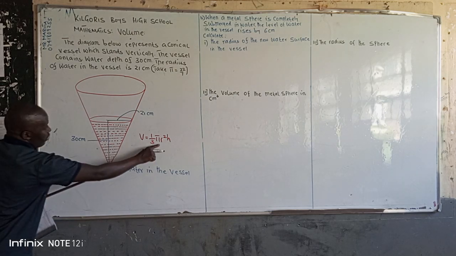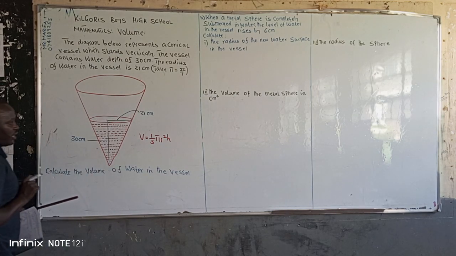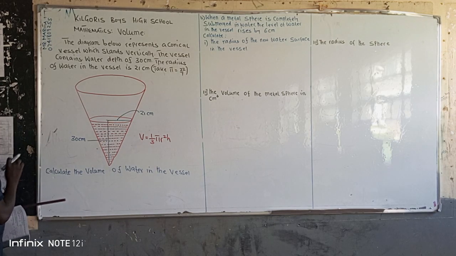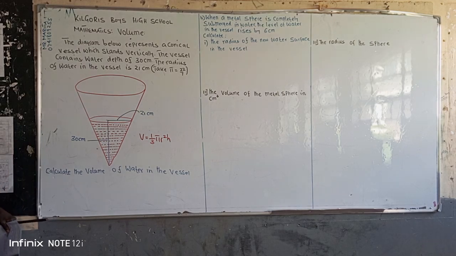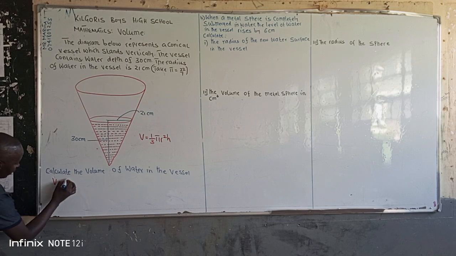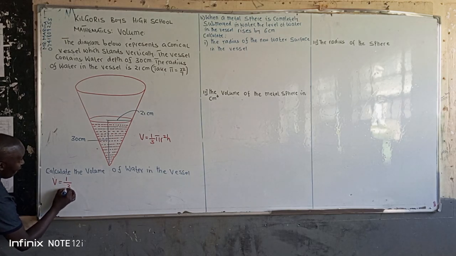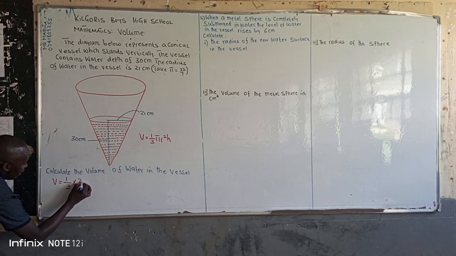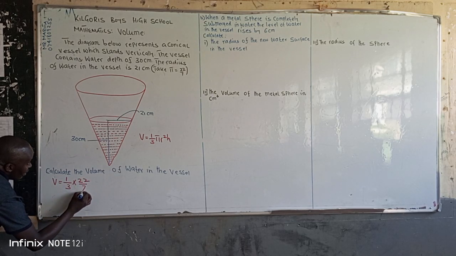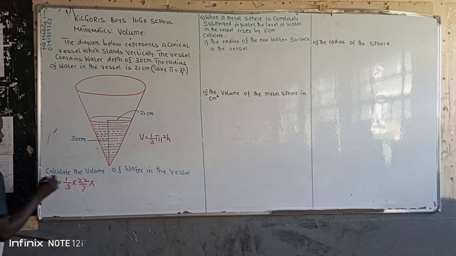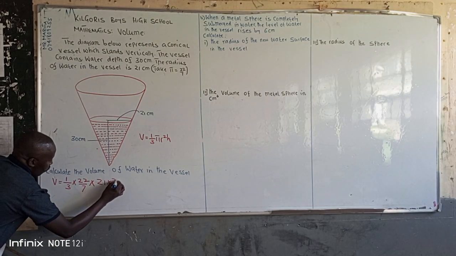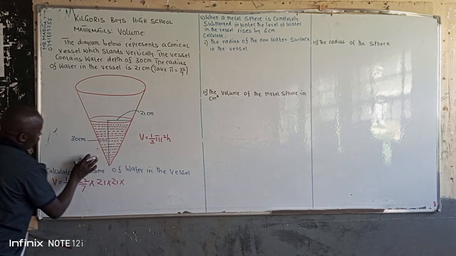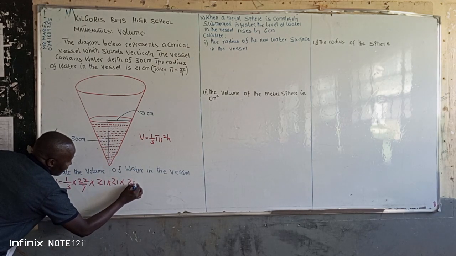Applying this, our pi is given as 22/7, the radius is 21 centimeters, and the height is 30 centimeters. The volume of water in that facet will be equivalent to 1/3 multiplied by 22/7, multiplied by the radius squared. The radius is 21, so you square 21, and then multiply by the height of the water, 30 centimeters.